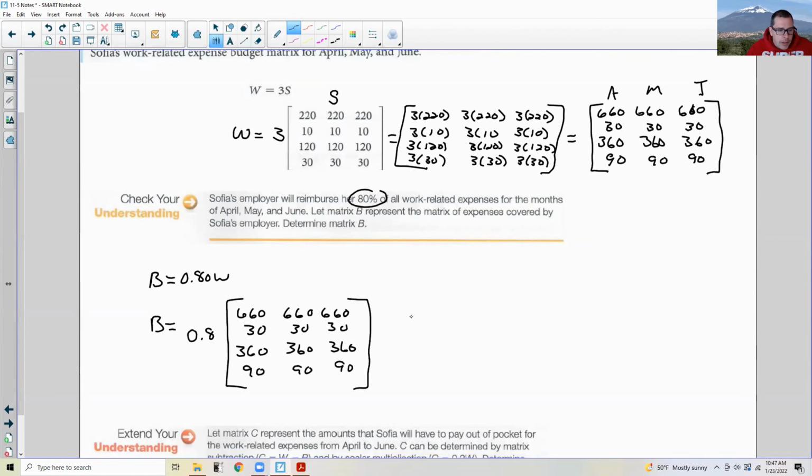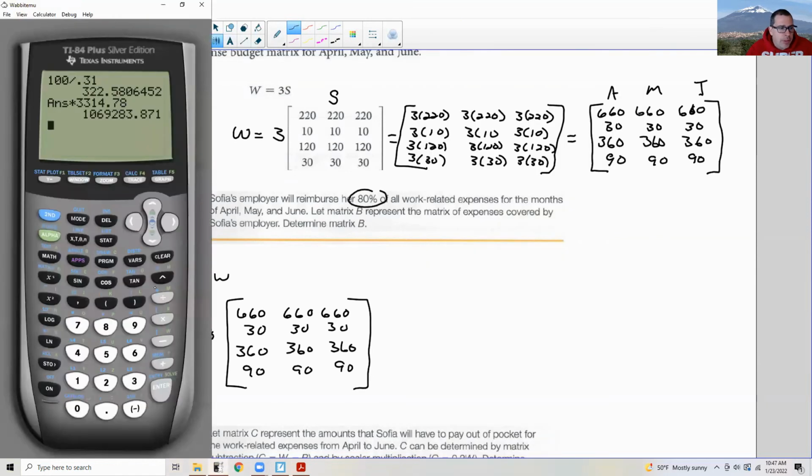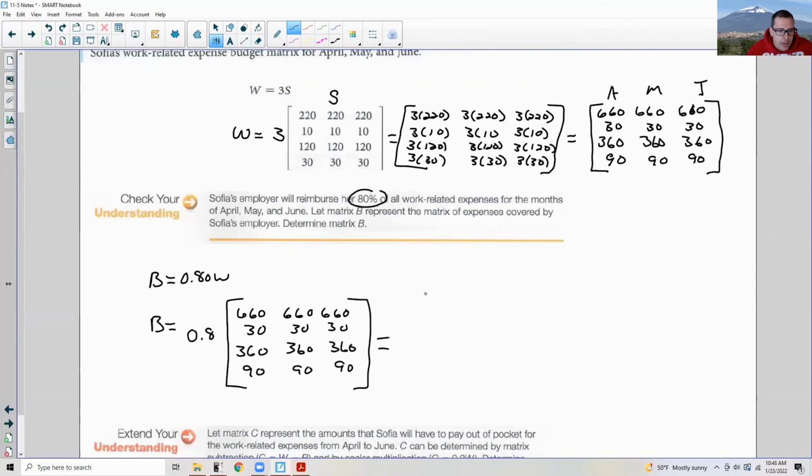Okay, so then we're just going to do the multiplication. 0.8 times 660, and hit enter, and I get 528, 528, 528.